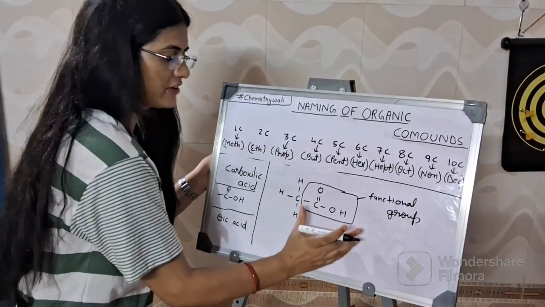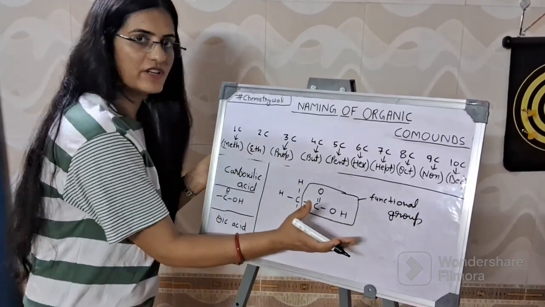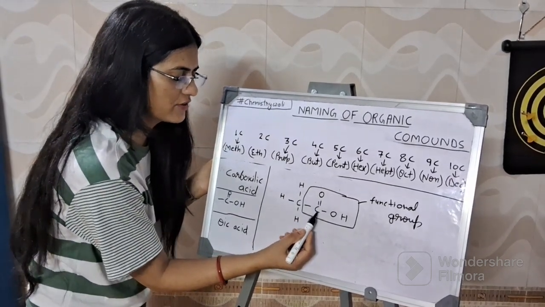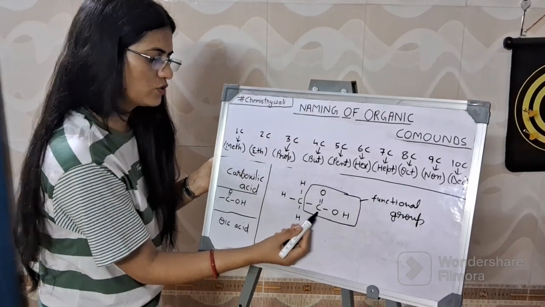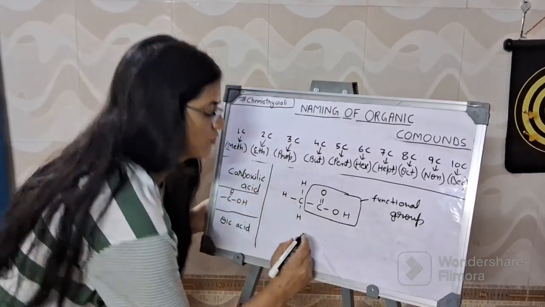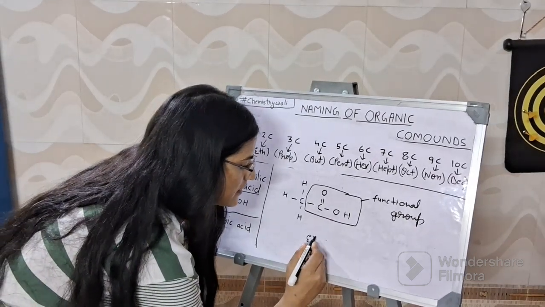Now naming we will do same as we learned how to name any compound. First of all we will count number of carbon. 1, 2. 2 carbon are present in the compound means eth we will use.